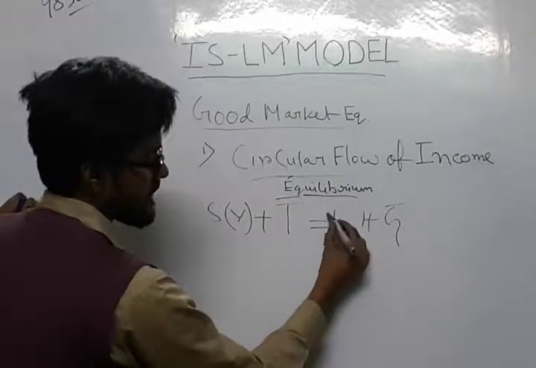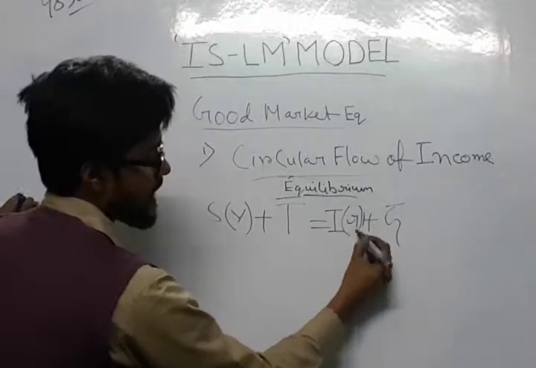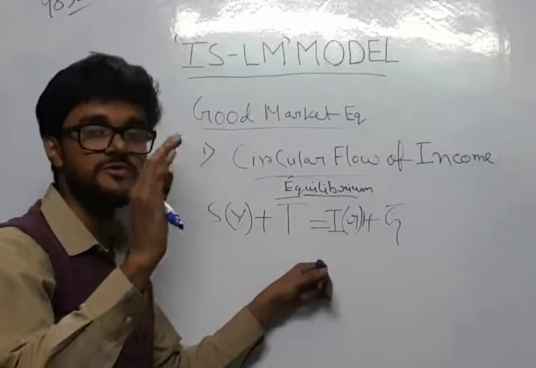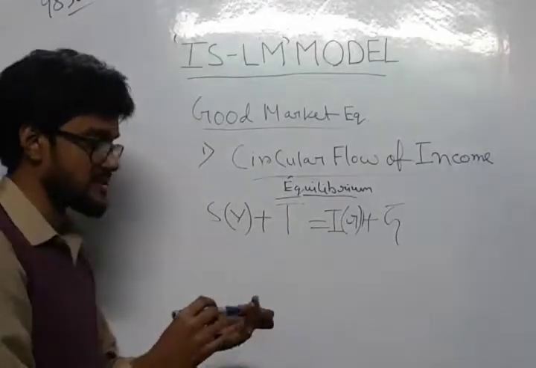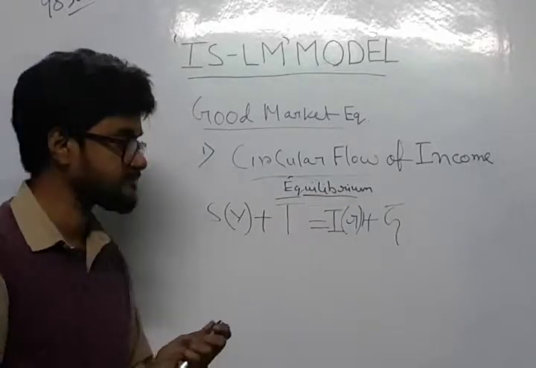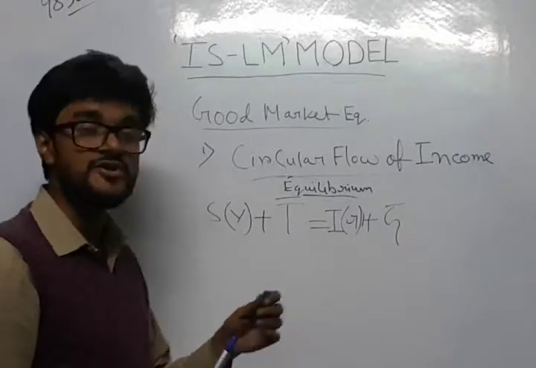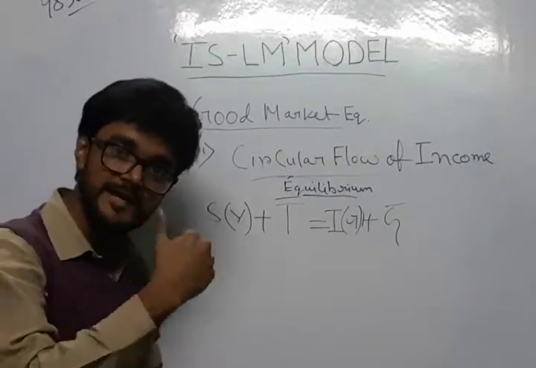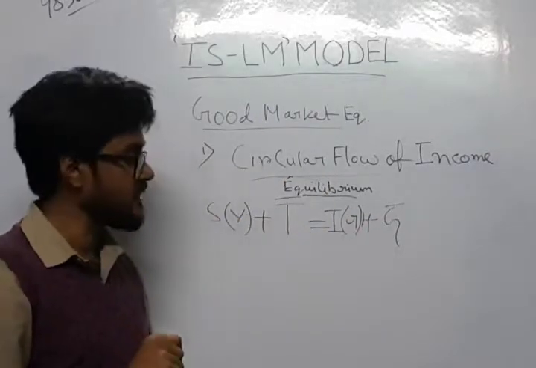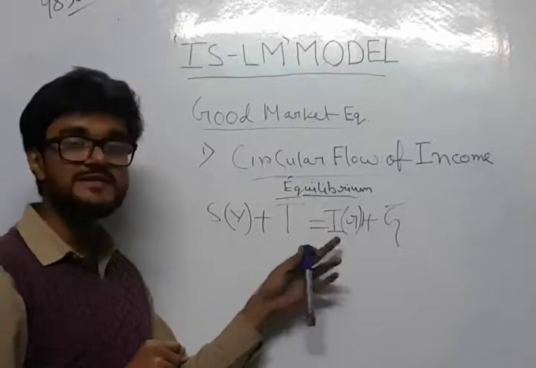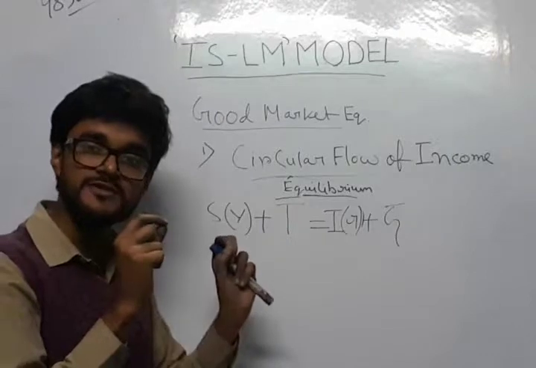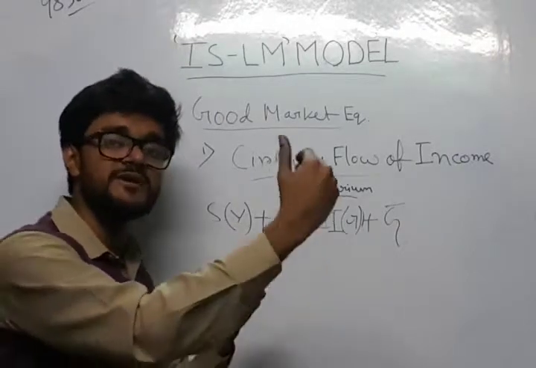Here another term we'll have to introduce is I and R. What is I? That is investment. Investment depends on interest rate. When we talked about investment, you must have noticed we incorporated the concept of financial market. Now, in the financial market, they lend loans to the firms and firms take those loans and make investment. Say, for an example, the financial market has decided to increase the rate of interest for the loans that they are providing to the investors.